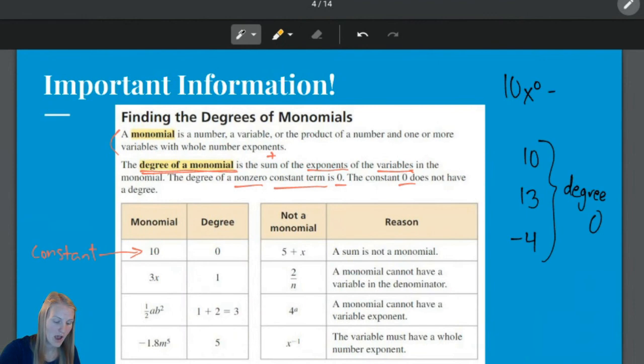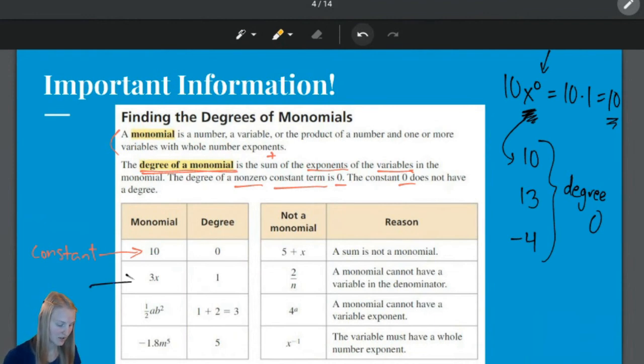Remember, from last chapter, anything with the exponent of 0 is just 1. So this is 10 times 1, which is just 10. So anytime you see a number that's just 10 or just 13, remember that it's like having x to the 0 attached to it. And when we talk about the degree, we want the biggest exponent. So here, the biggest exponent is 0, and that's why the degree is 0.